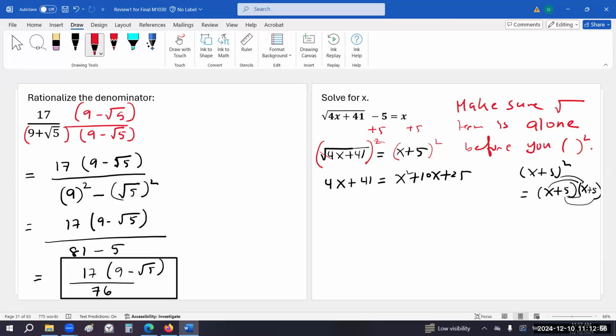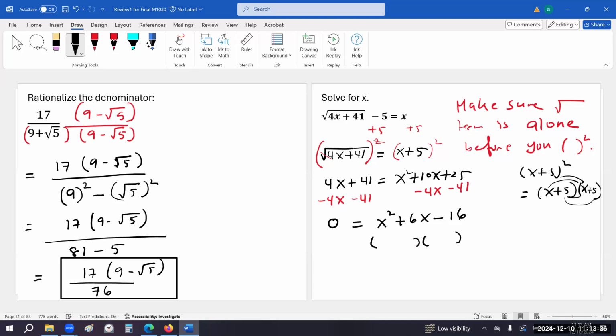Our goal is to get everything to one side because we can factor, hopefully. Even if you cannot, we can still use the quadratic formula. Most of the time, these questions are factorable, 99%. So x squared plus 6x minus 16, from 25 minus 41.